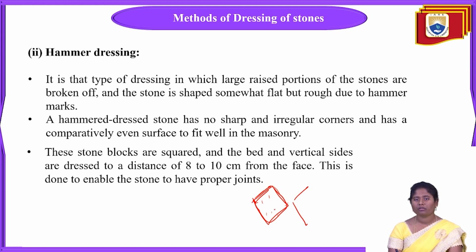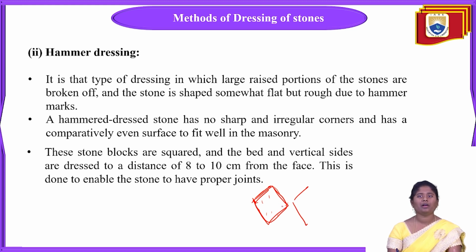Why are we doing this with hammer dressing? We use this hammer dressed stone just to cut the remaining, extra portions. After that, sharp edges will not be there, only irregular corners will be there, and the stone has a comparatively even surface.